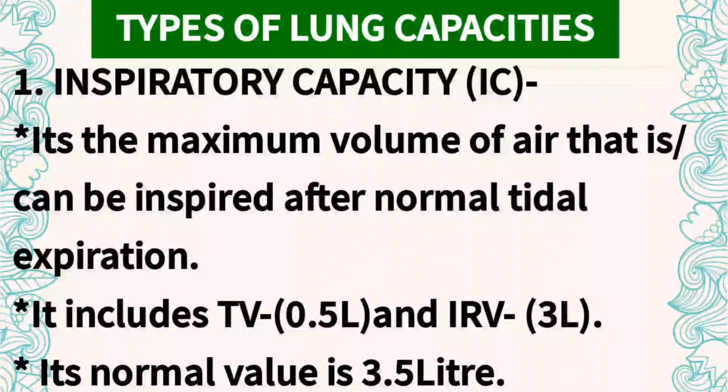The first one is the inspiratory capacity. It is the maximum volume of air that can be inspired after normal tidal expiration. It includes the tidal volume and the inspiratory reserve volume.